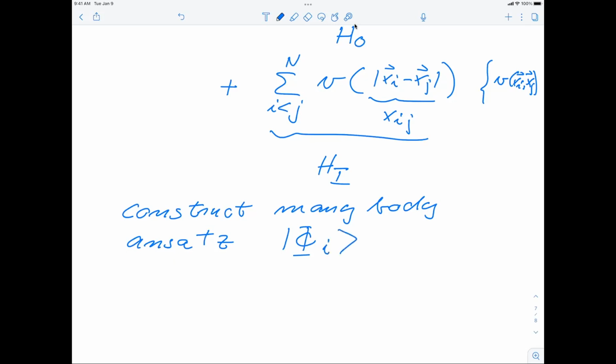It's just a summation index based on the single particle computational basis.